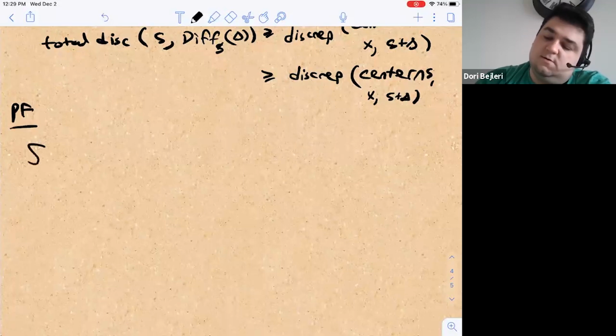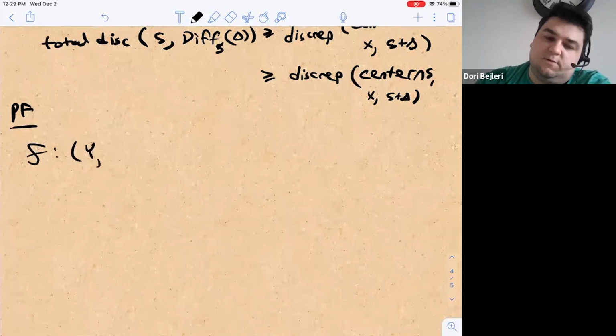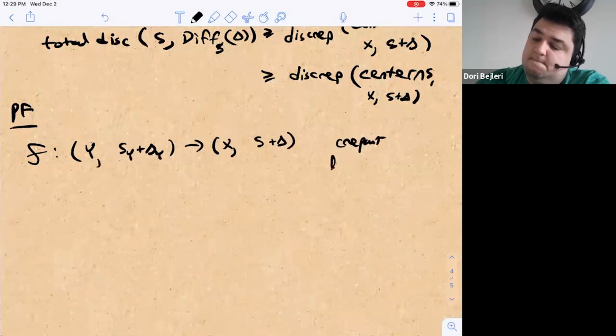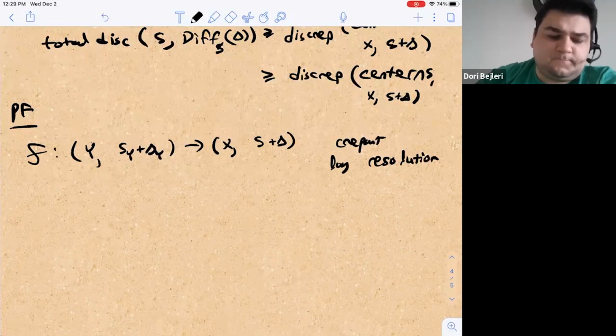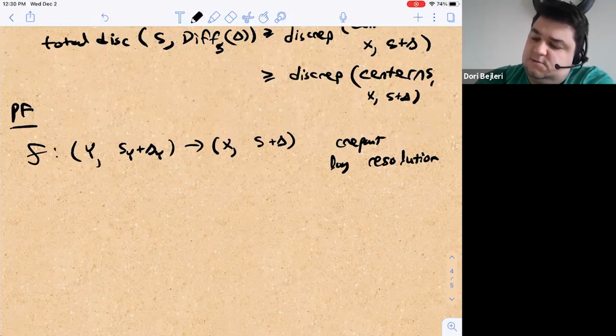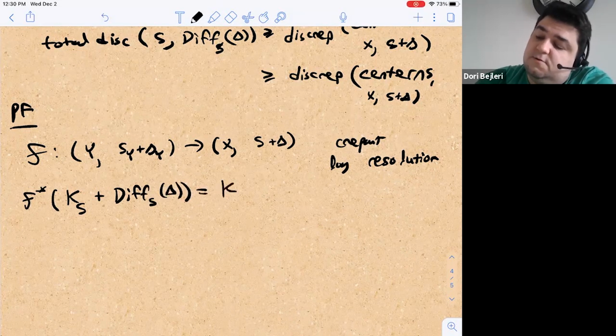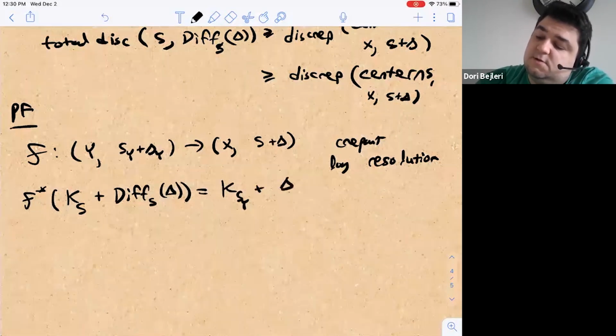So let's write down our log resolution. Then we know that the pullback of K_S plus the different is equal to K_{S_Y} plus delta_Y restricted to S_Y.